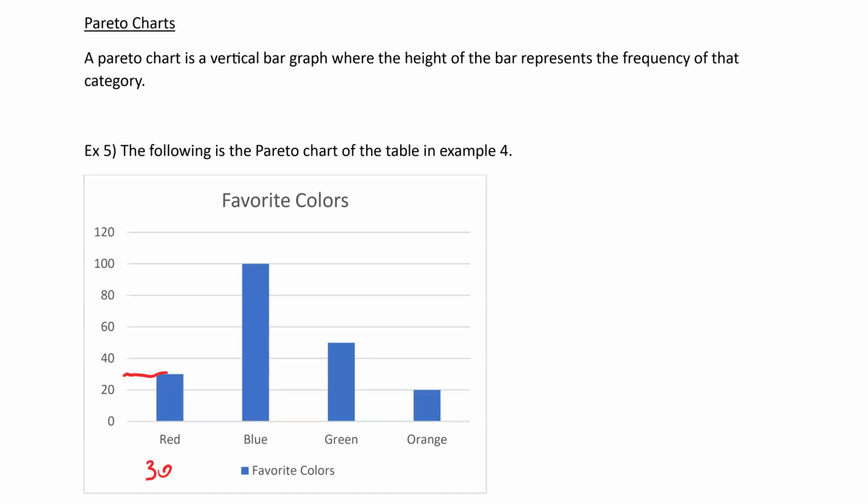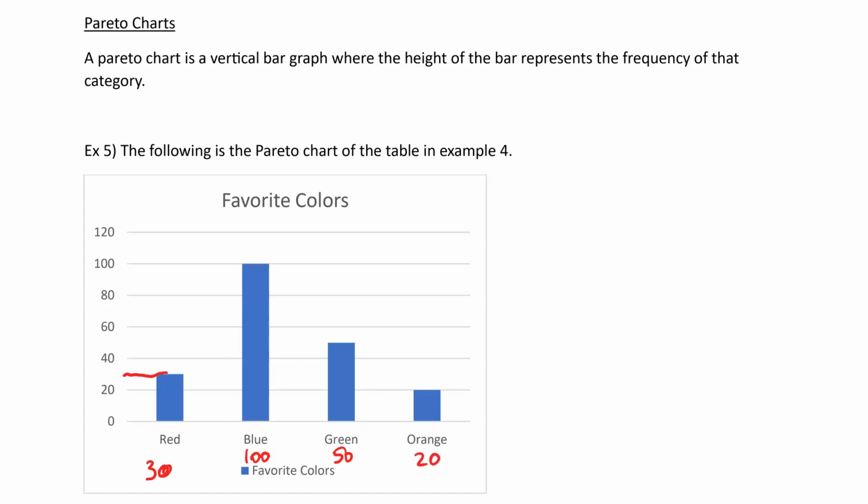So in this one, if we want to look at each category, red looks like it's about at 30. Blue is exactly at 100. Green looks like it's about at 50. And orange is exactly at 20, which is the exact values we had in our other one. But again, this is just a very easy visual way.